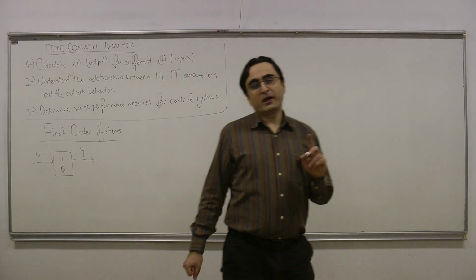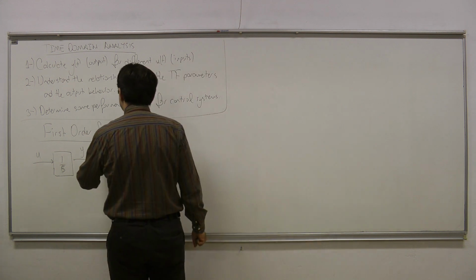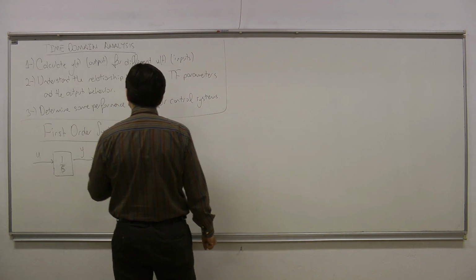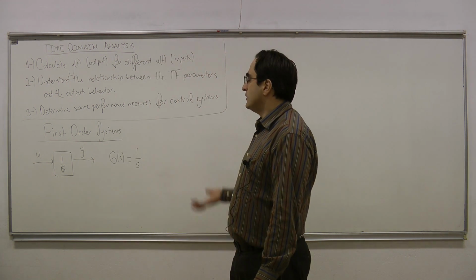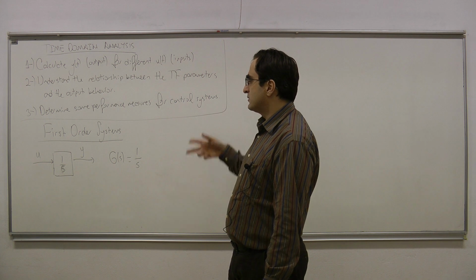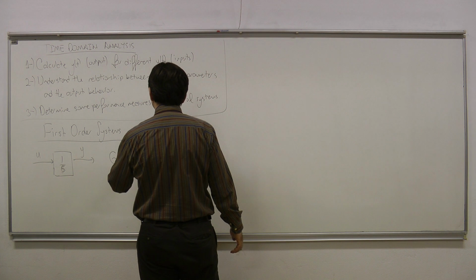So I have to explain that statement. What does it mean? What is a transfer function? Here the transfer function of the system is G(s), and it is equal to 1 over s. And we know that a transfer function is nothing but the ratio of the output Laplace transform to the input Laplace transform.